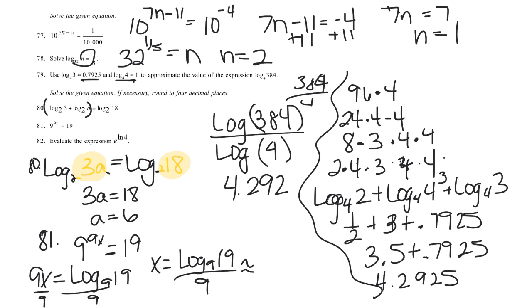Remember that on SATs, you might have to just write it in this exact form. So I'm going to do log 19 divided by the log of 9, I get 1.34 divided by 9, which is approximately 0.1489.